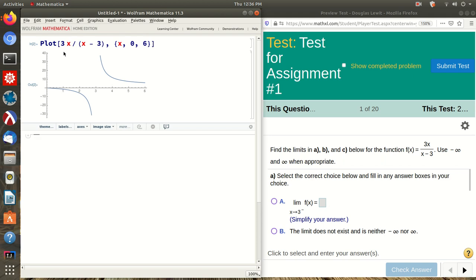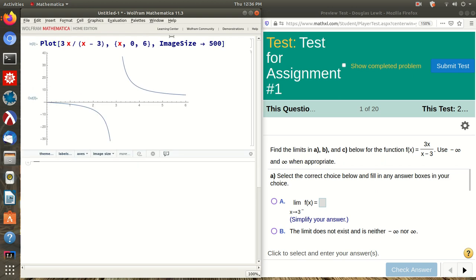We can see just by looking at the graph, I could make this a little bit bigger. Image size 500. I think the default is 250 or 300 pixels. So image size 500 pixels across.